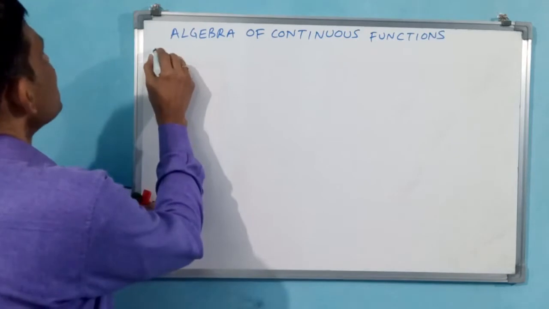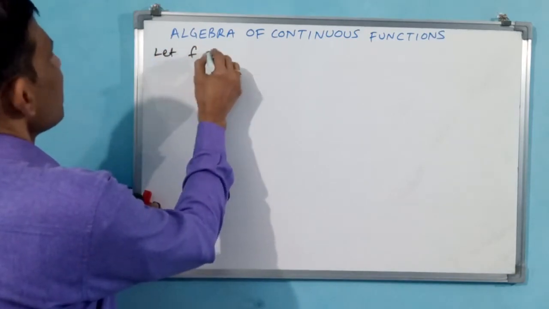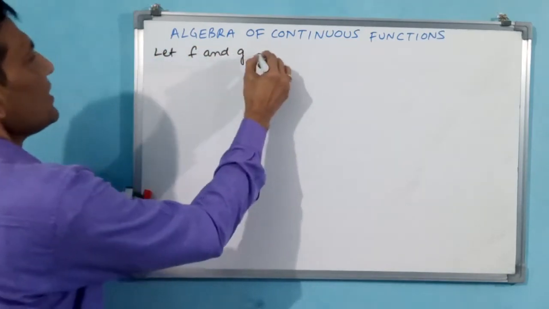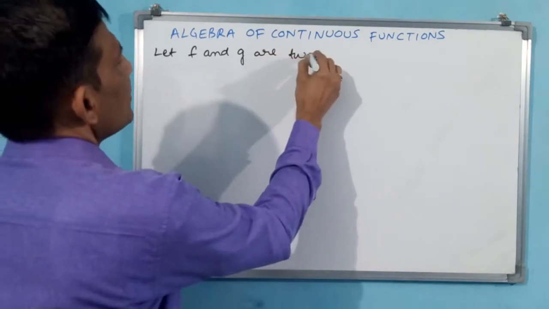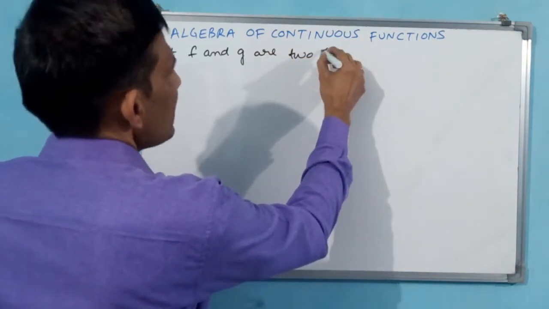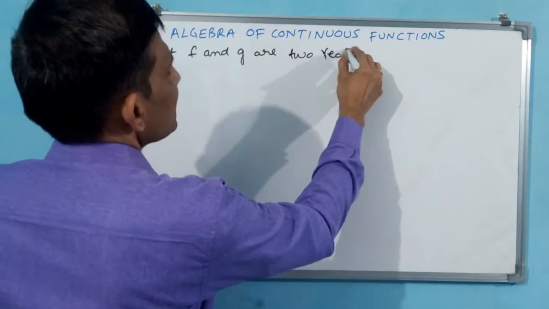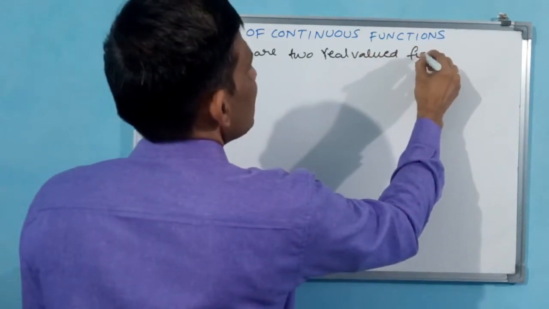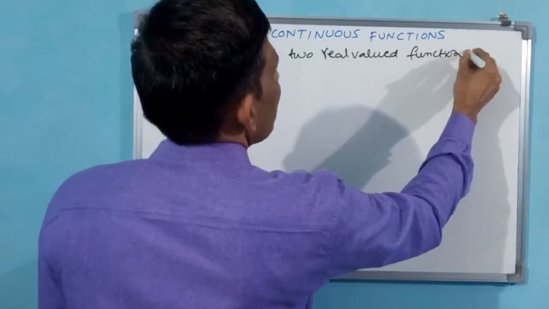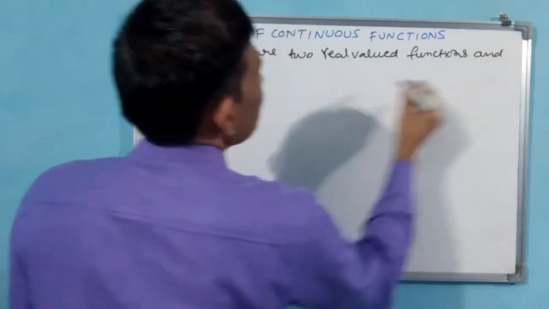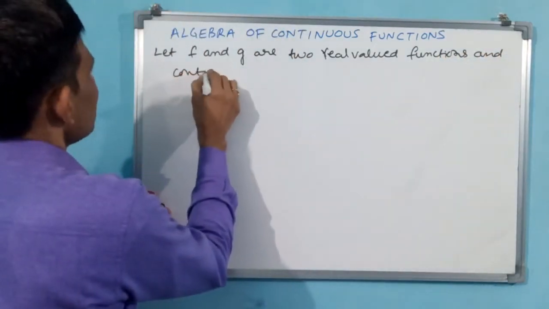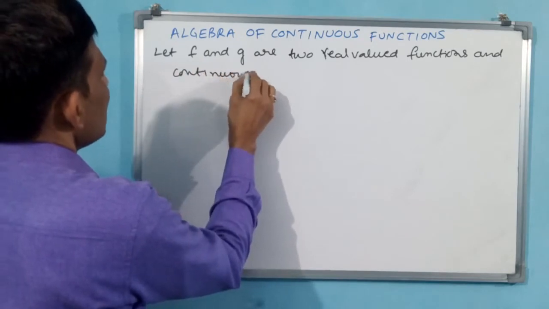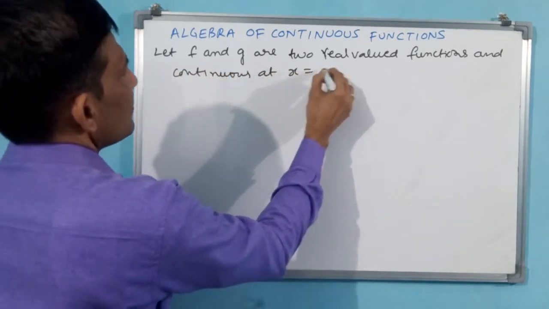Let f and g be two real valued functions and continuous at x is equal to c.